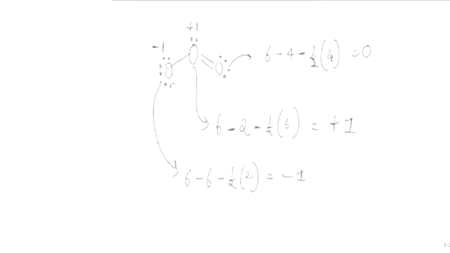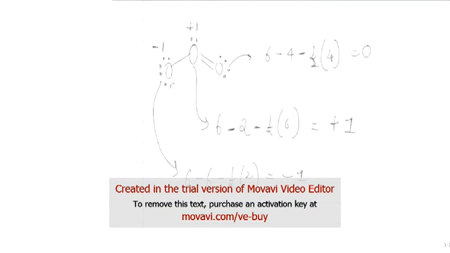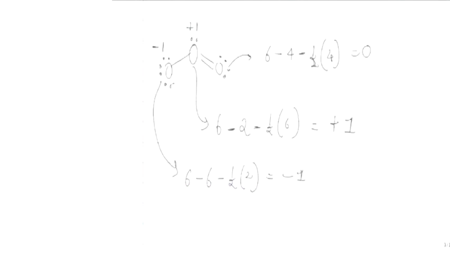Now, when you come across Lewis structures in which the adjacent atoms have positive and negative charges, it is very easy to think that this oxygen, which is positive, might have given electrons for sharing to the empty orbital of this oxygen here.